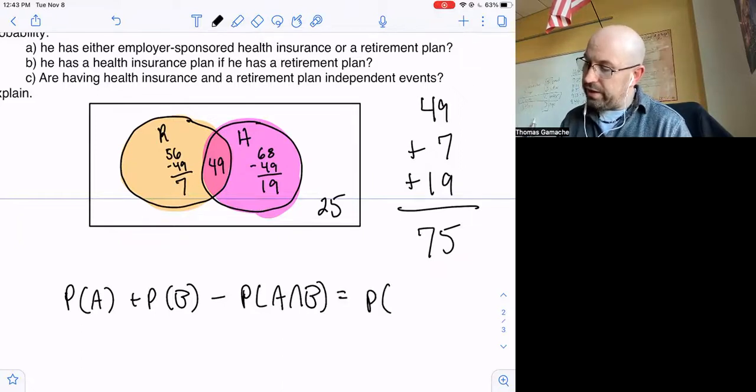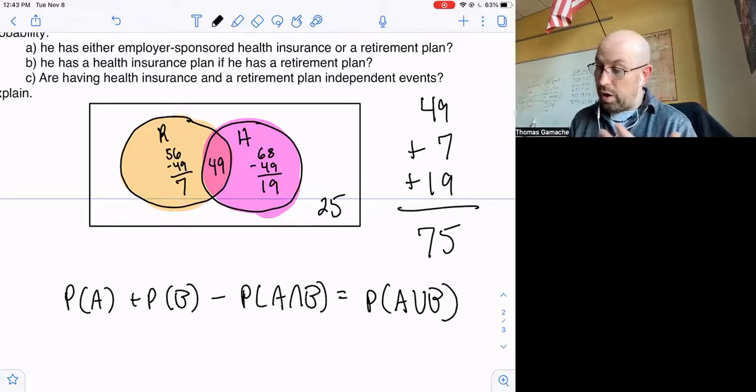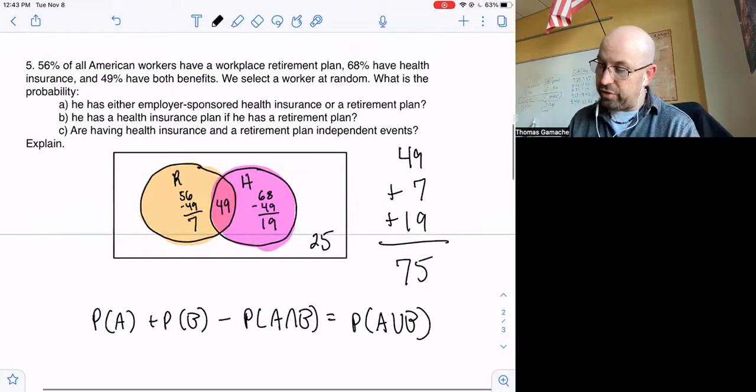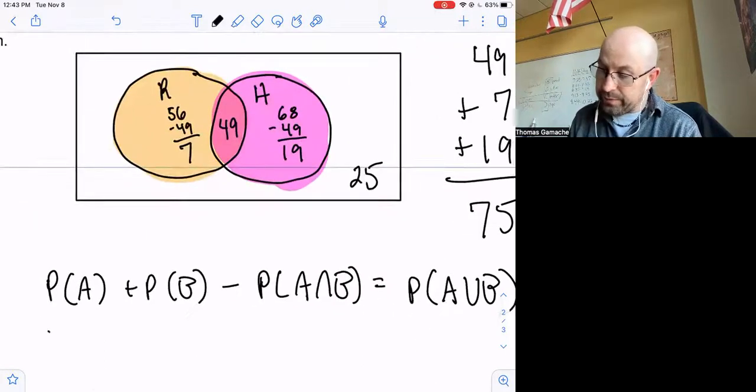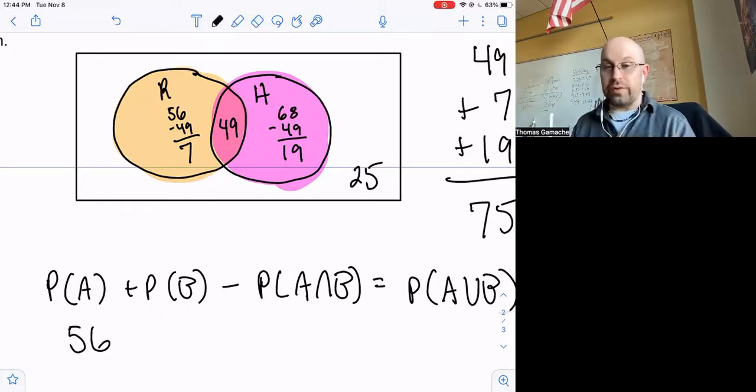That should give you the probability of A or B. So let's plug in what we want here. Our A event will be the probability of having health insurance, which is 56. Remember, I'm going with specifically everything in that circle, not just the people who have only retirement.